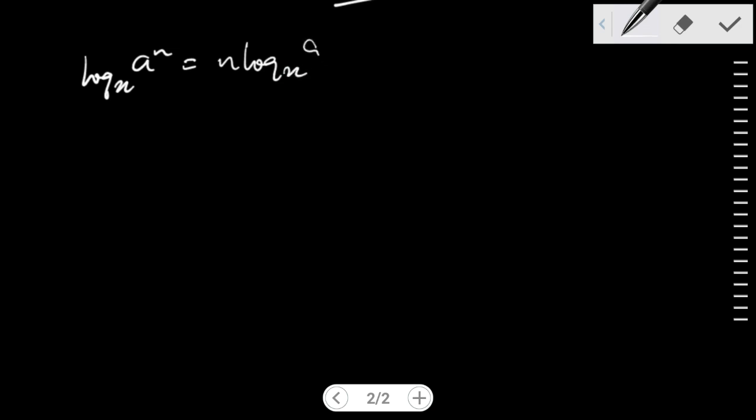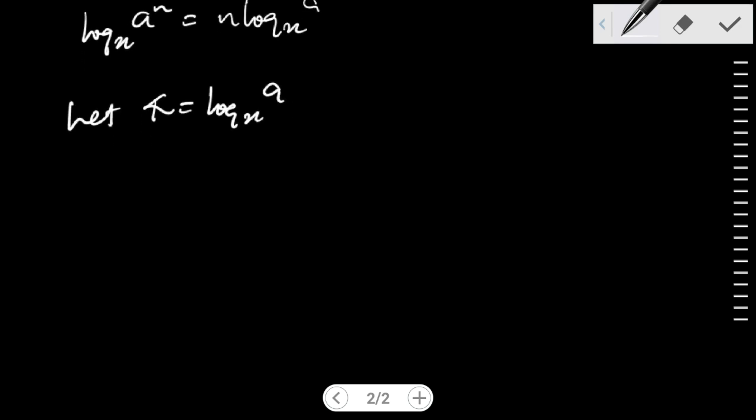To prove this, let k equal log_x a, so x to the power k equals a. Now let's multiply the power on both sides by n. So x to the power nk equals a to the power n.